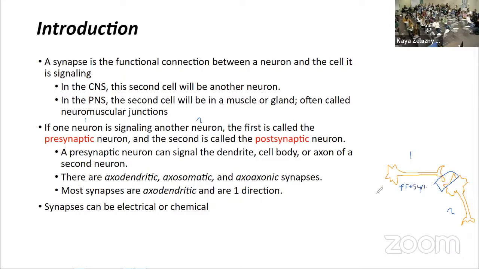Pre, because it's before the synapse, the synapse being this physical space, this connection with the next neuron. So presynaptic, before the synapse. And then that second one, we name in that same structure. So it's after the synapse. So it's just the postsynaptic neuron.